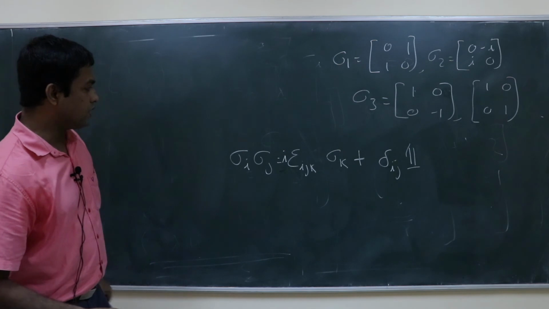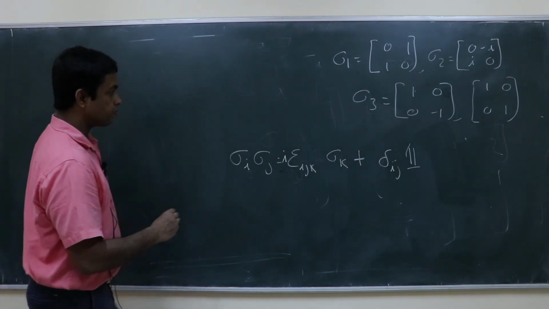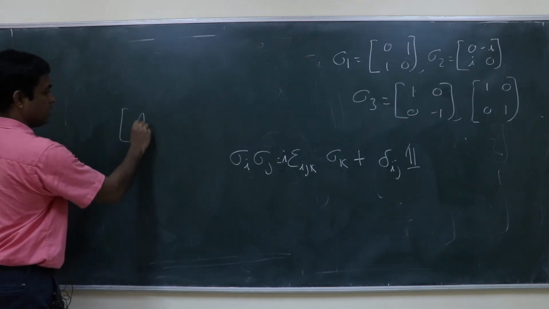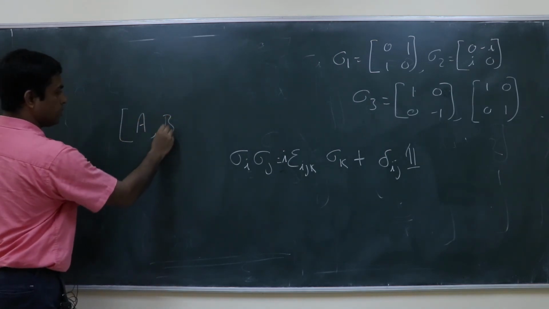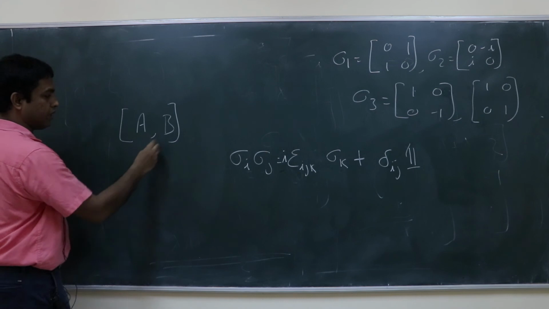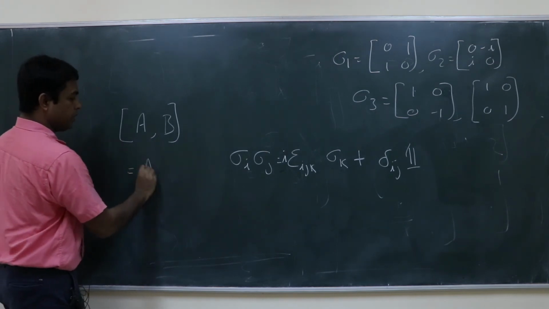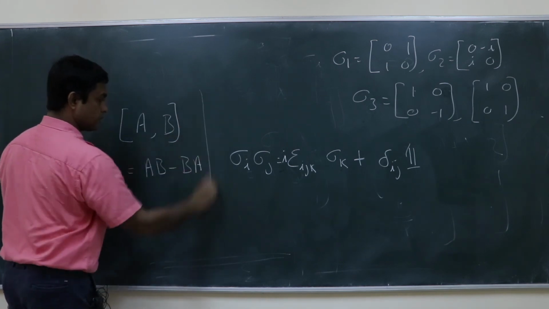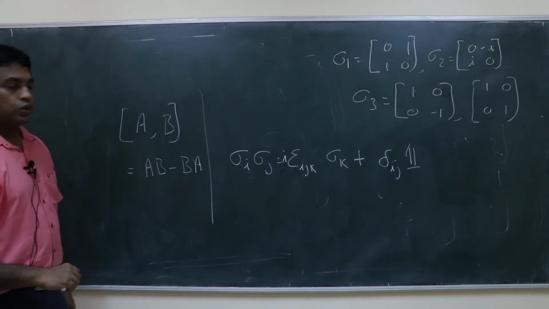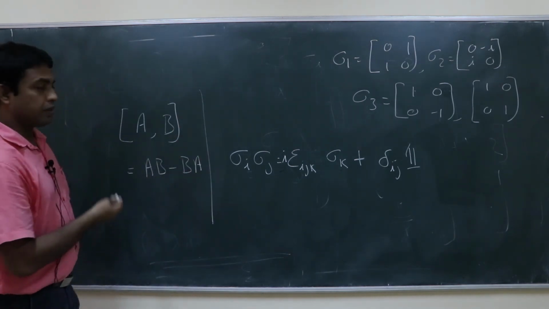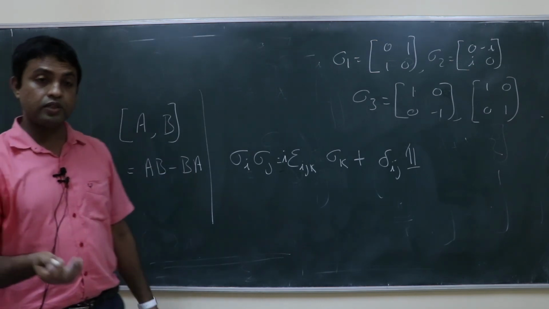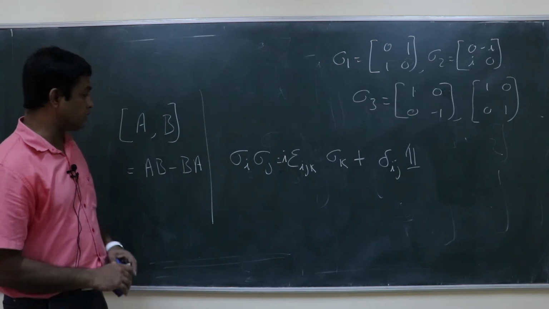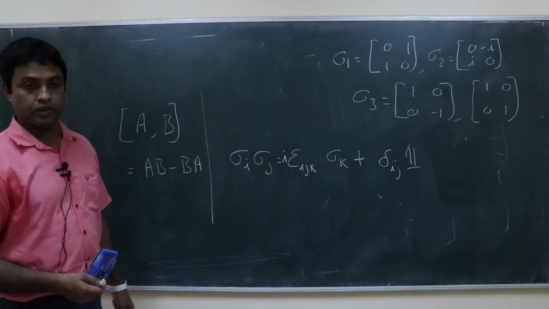Okay. So what do you mean by commutator? Suppose I have two matrices A and B. The commutator of these two matrices is equal to AB minus BA. So when I ask whether any two general matrices A and B commute with each other, commuting means this quantity is equal to 0.